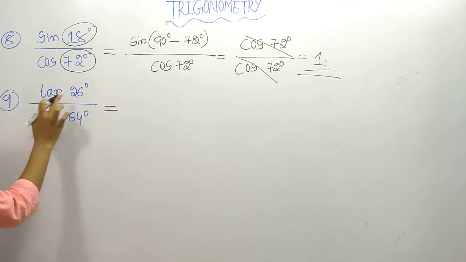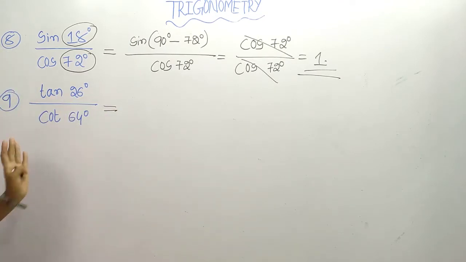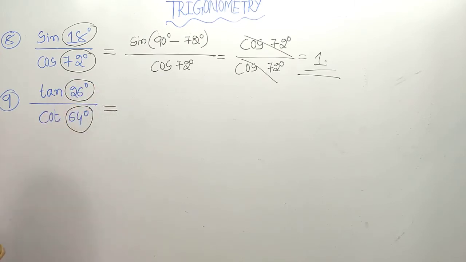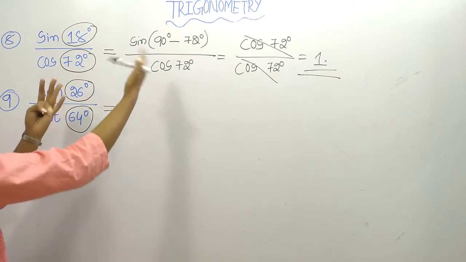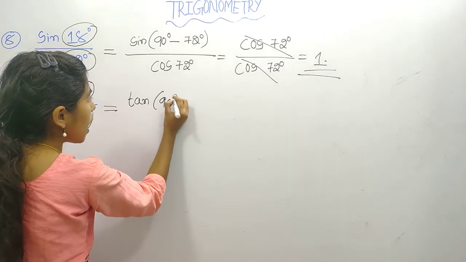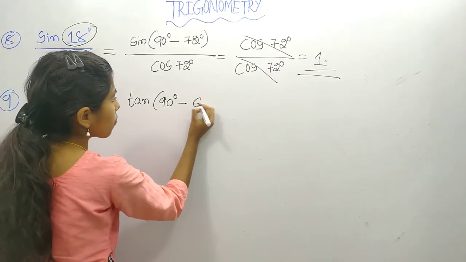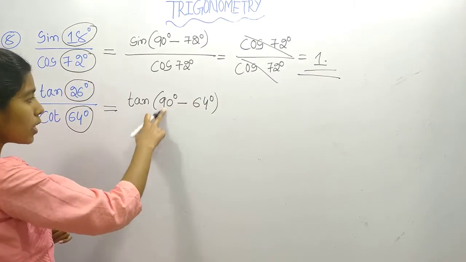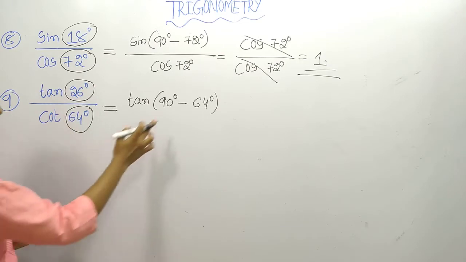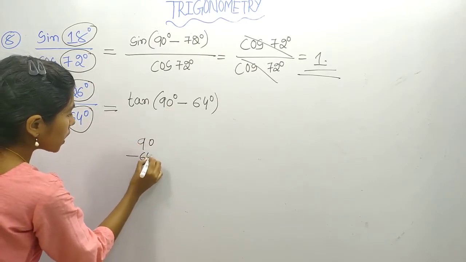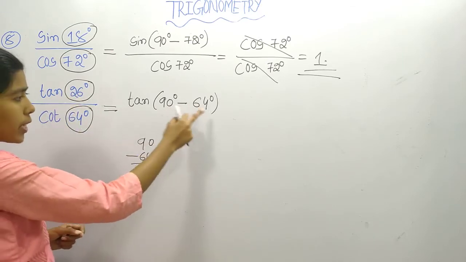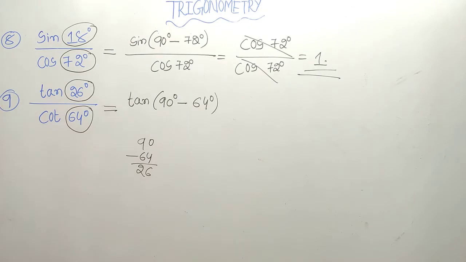Same, here you see tan 26 degree divided by cot 64 degree. Here 26 degree and 64 degree are different. We have to do the same as we have done in this. So tan of 90 degree minus 64 degree. First you have to see whether 90 minus that angle is coming to this or not. Here you check, 90 minus 64 is 26, right? So instead of 26 degree we have written 90 minus 64 degree.